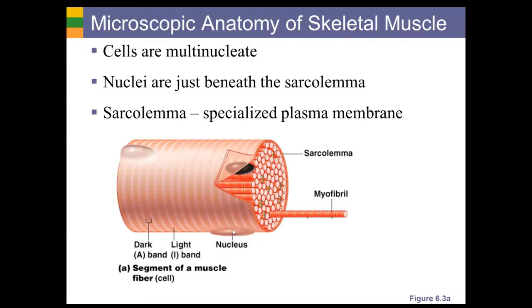Also, notice that those nuclei are right under the sarcolemma, or plasma membrane, same thing. Usually the nuclei are in the middle of the cells, right? Usually that's where we find them. Why would they be just under the plasma membrane?